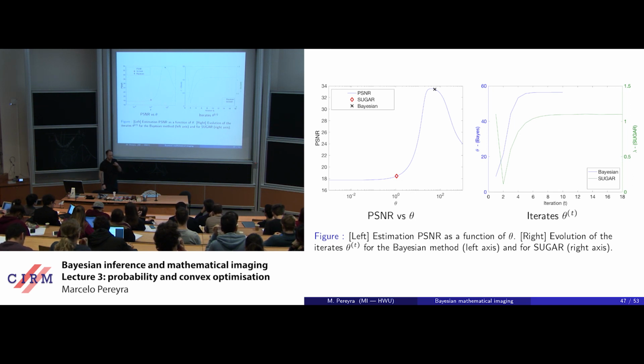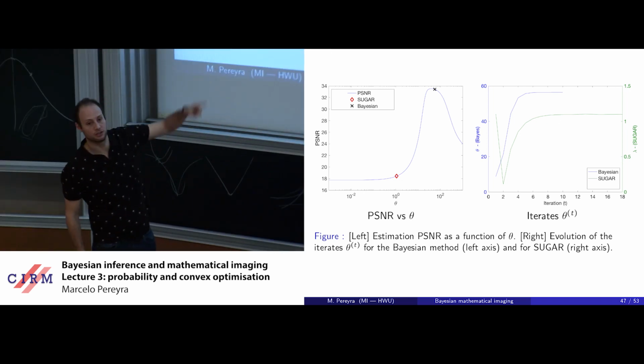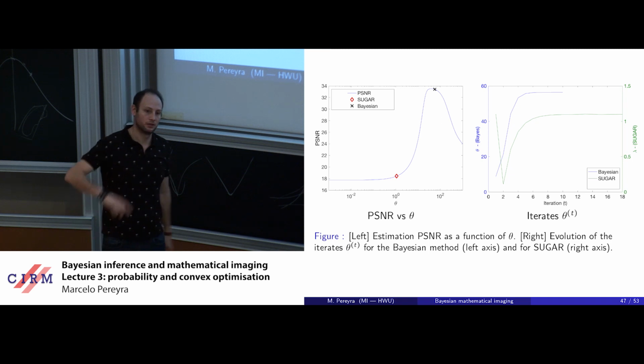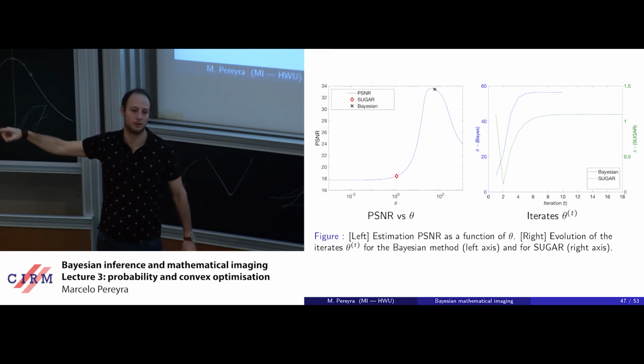If you start with a regularization parameter that is too large and your solution is all zero, then what happens in my experiments is that the next value of theta that you choose is very low. And then you go from a very large value to a very small value, and then you start going up, whereas here I just start from low and go up. So there are cases where it oscillates a bit and then it stabilizes.